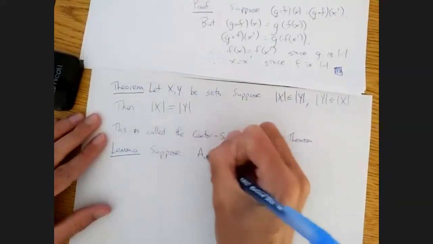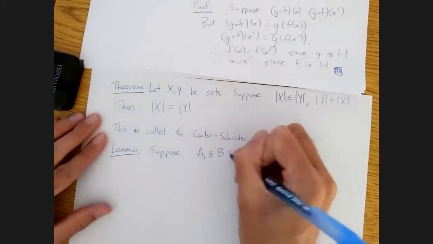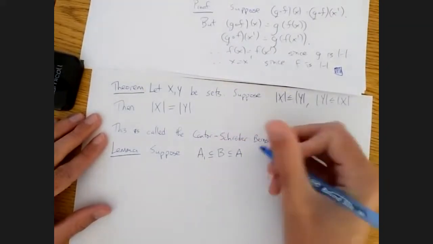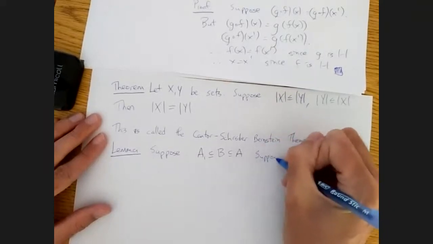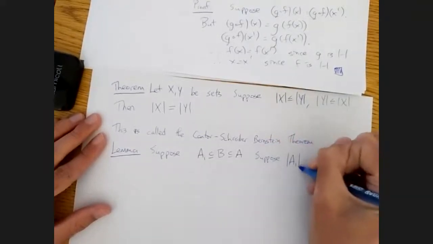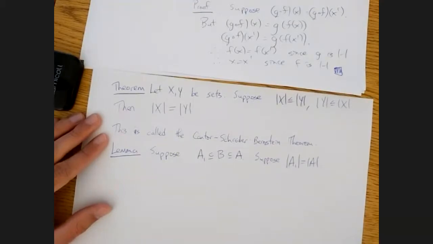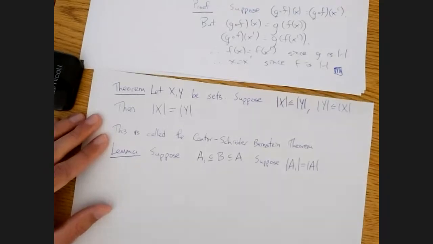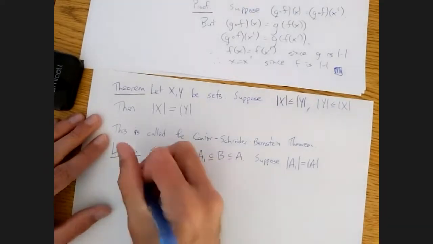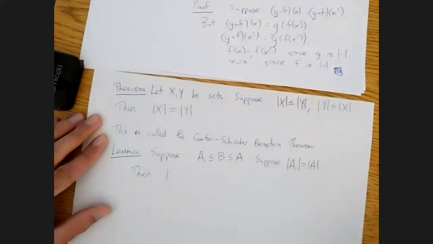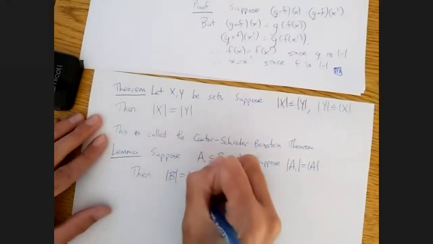Suppose A1 is a subset of B, is a subset of A. Suppose also that the cardinality of A1 equals the cardinality of A. Then the cardinality of B equals the cardinality of A.